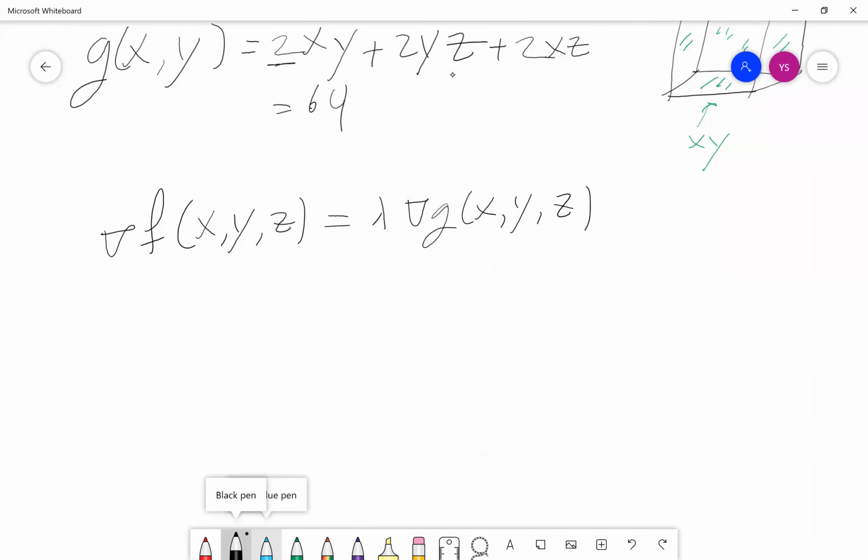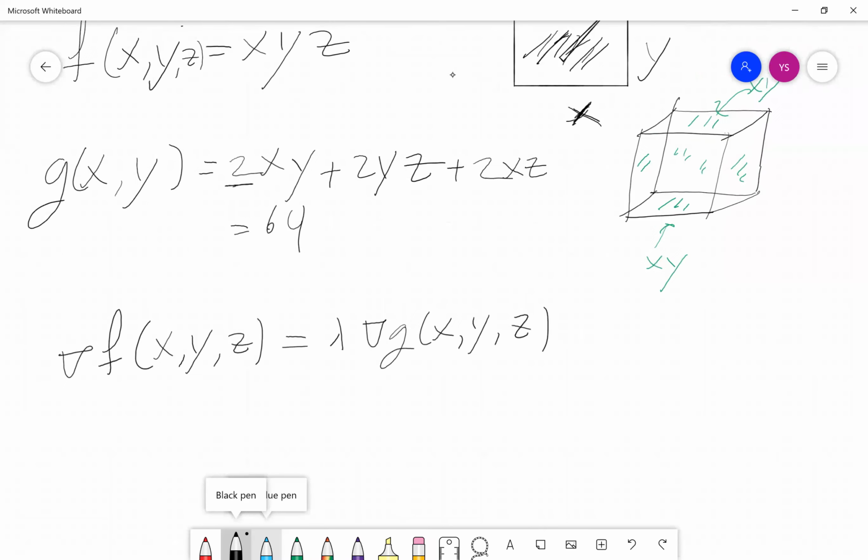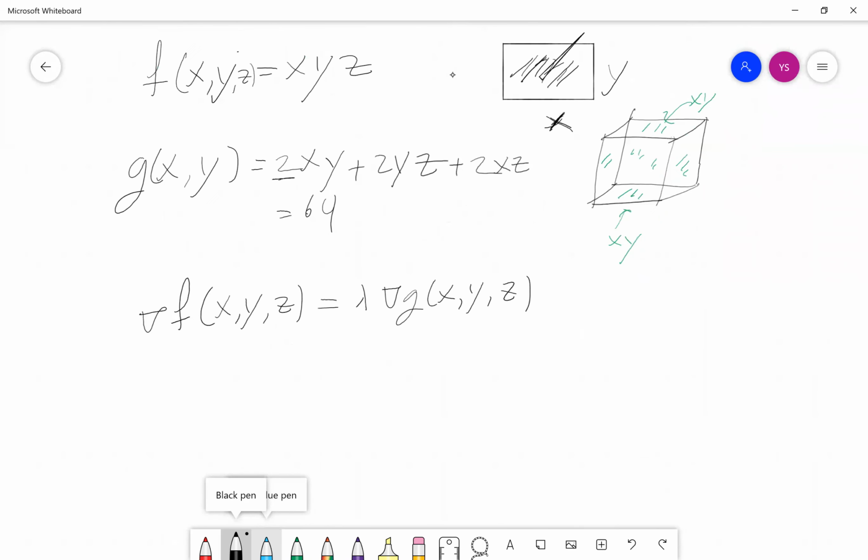So what is the gradient of f? So let's write out our equations. Our first equation, the partial with respect to x is yz, is equal to lambda times the partial with respect to x of g.